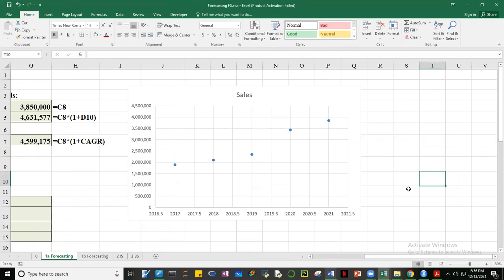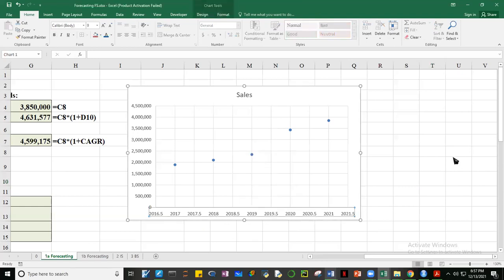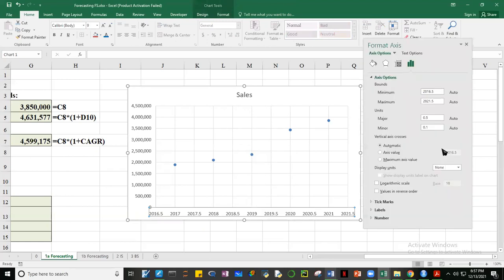So let's modify our plot a bit. If I represent this on the board, imagine we would be embarrassed because there's a year like 2018.5. So let's fix this a little to give us a better appreciation. Let's click this and format the axis. Let's remove the point something there. We see here that our minimum is 2016.5. We don't want that.